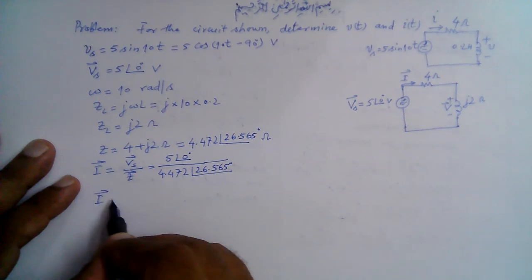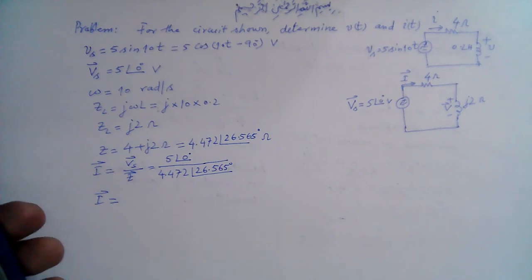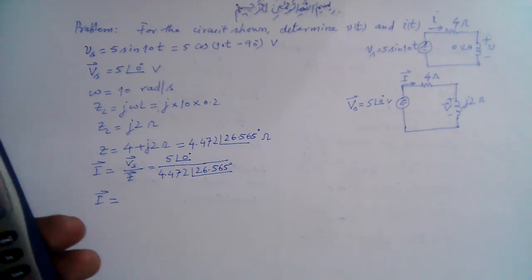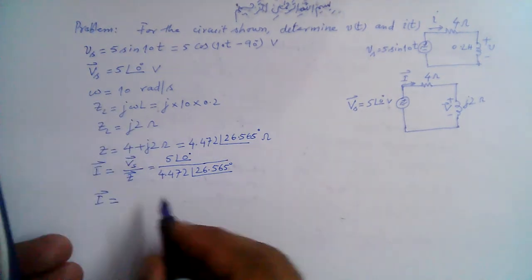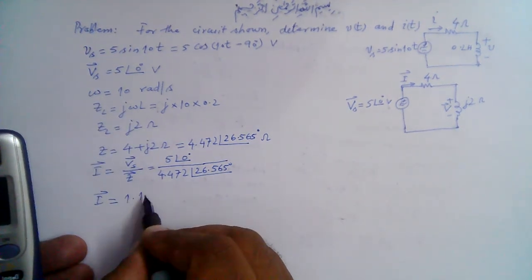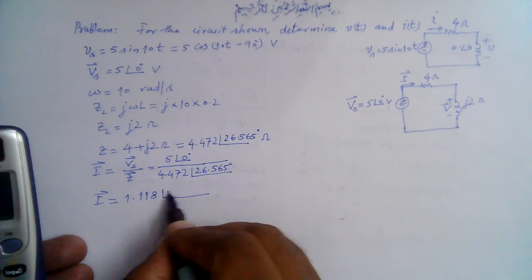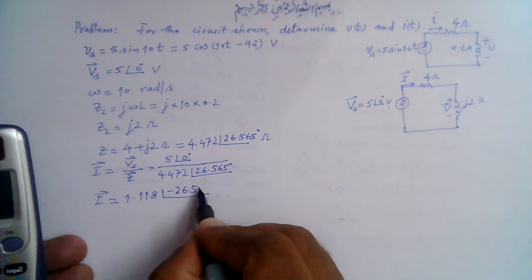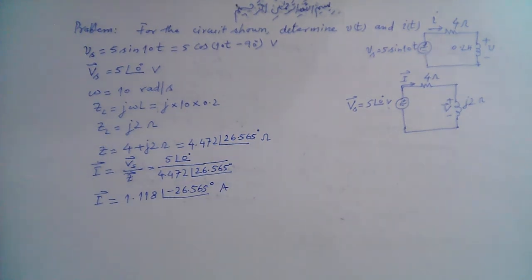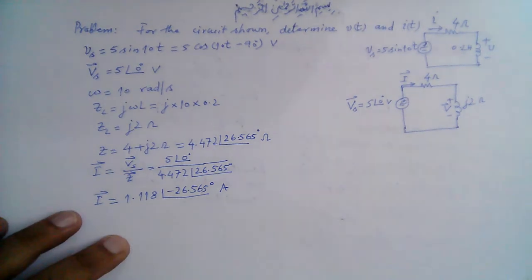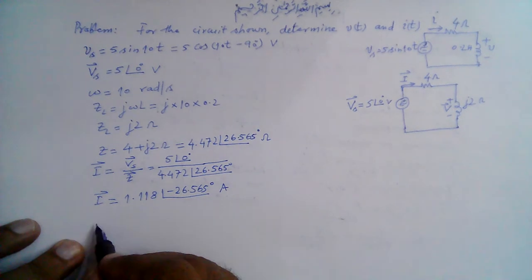So I bar is equal to 5 divided by 4.472, and this gives us 1.118, and the angle is minus 26.565 degrees amperes. So this is the current in the phasor domain, right? And we can simply transform into the time domain.